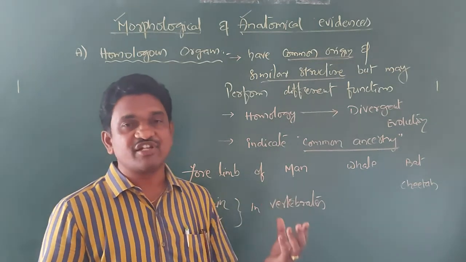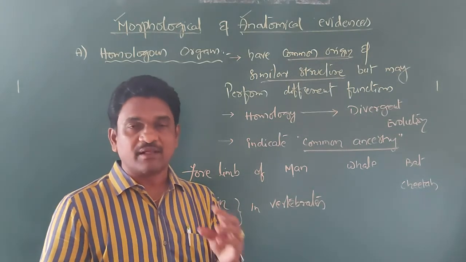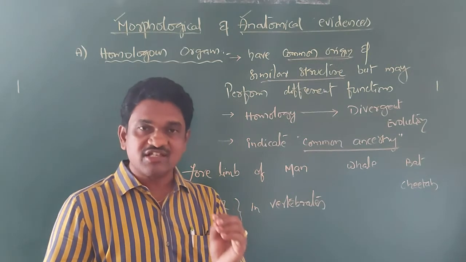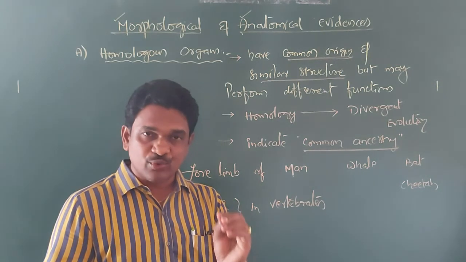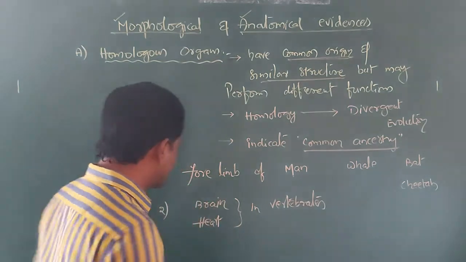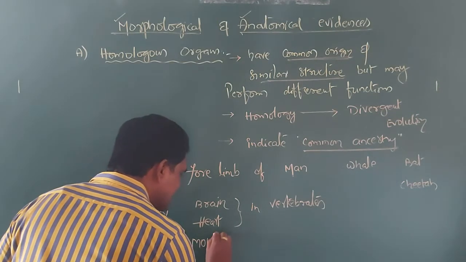Because all the vertebrates evolved from common ancestors. So the fundamental point you have to remember is that structural similarity is due to sharing common ancestry. That's it. Next, another example: mouth parts of insects.